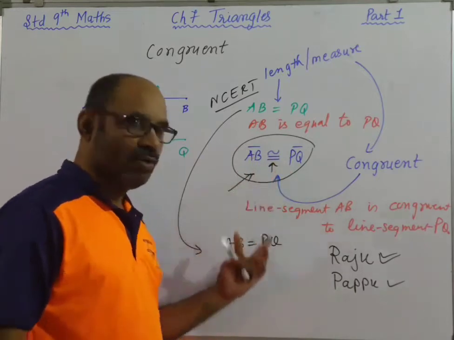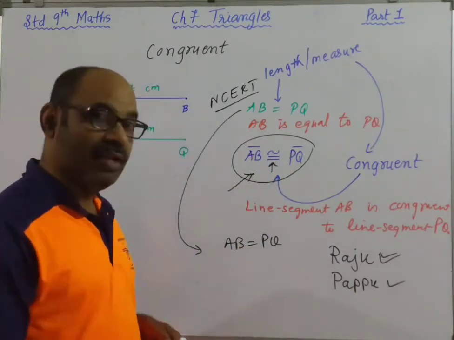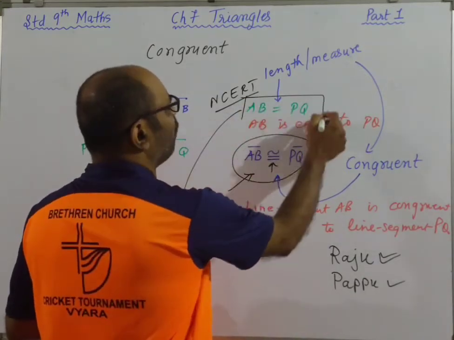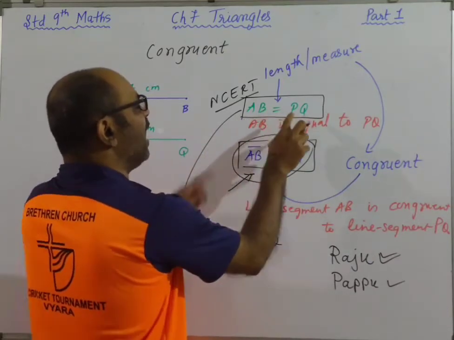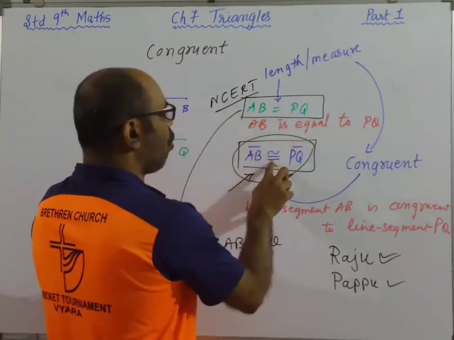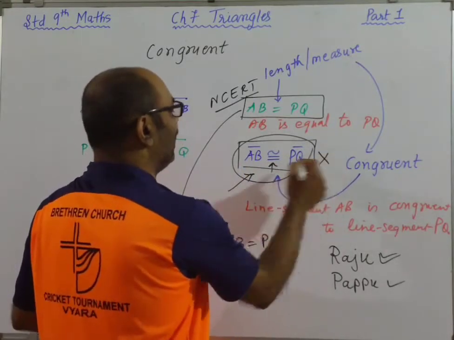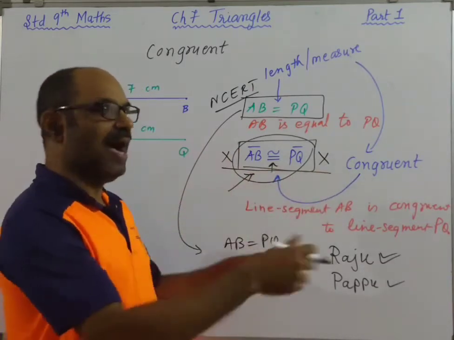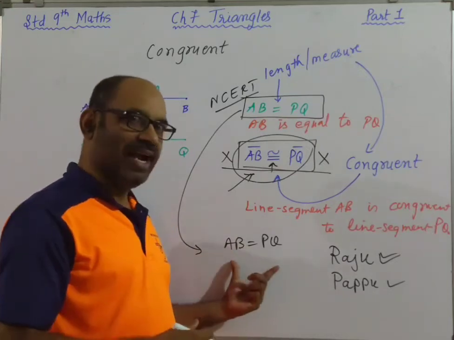You can say congruent only if the lengths are equal. Are you getting me? In the earlier books, State Board, we used to pay a lot of attention to these two things: the equal to sign only with the lengths, and the congruent sign only with the line segment. But as I said, that custom has been eradicated. Normally we write like this.